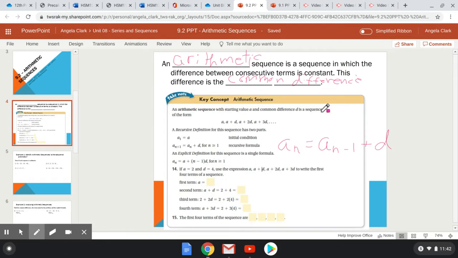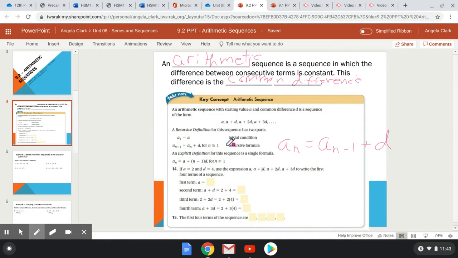And I prefer this notation better because then we're always looking for the current term, which is the same format we use with the explicit formula. So to keep it consistent, I like to do it this way. And then just saying that n is always going to be greater than or equal to 1.